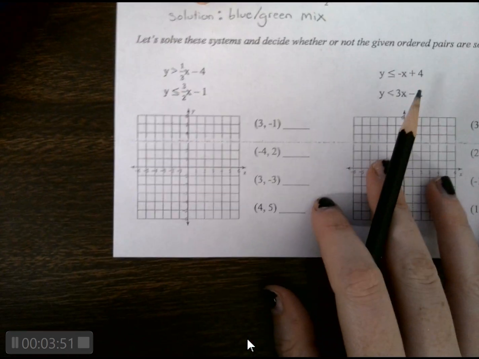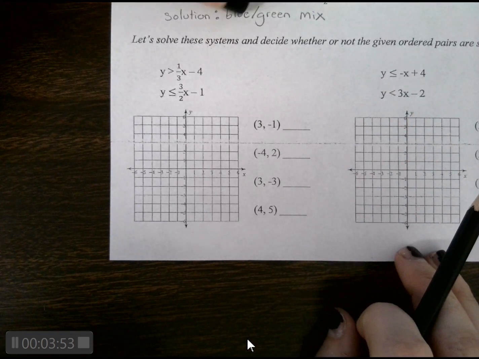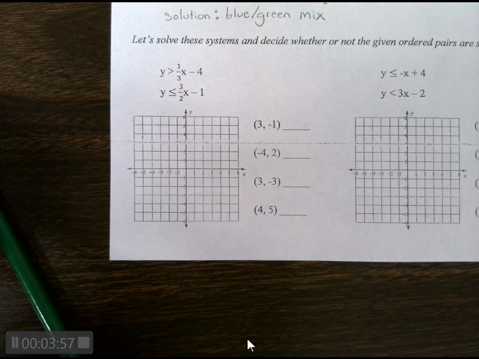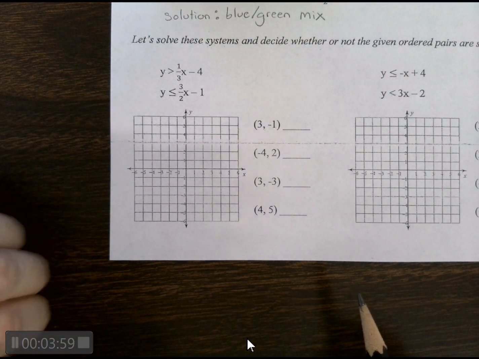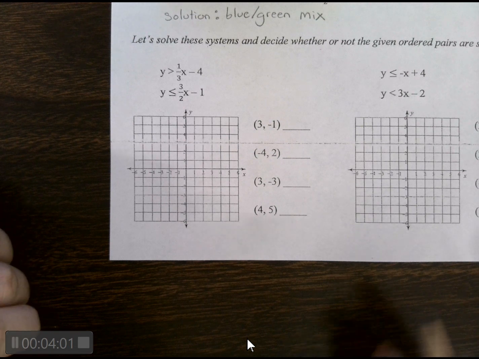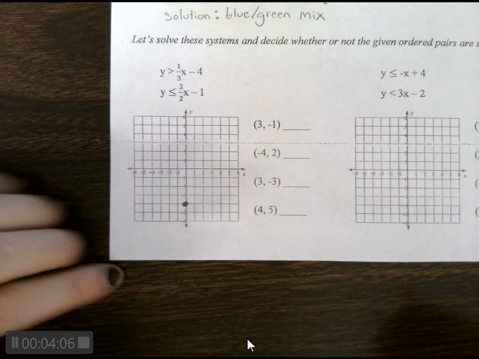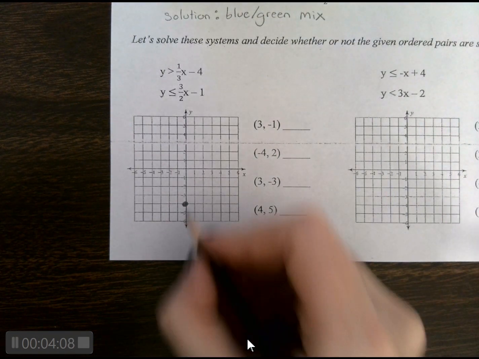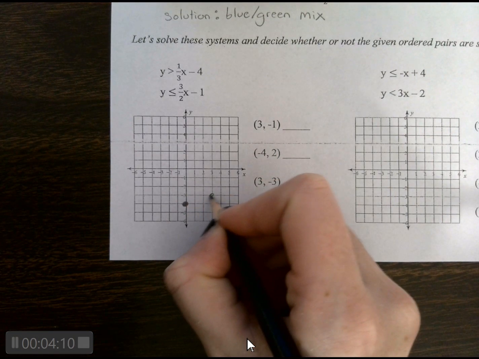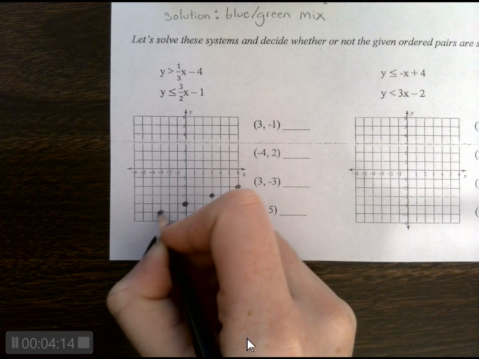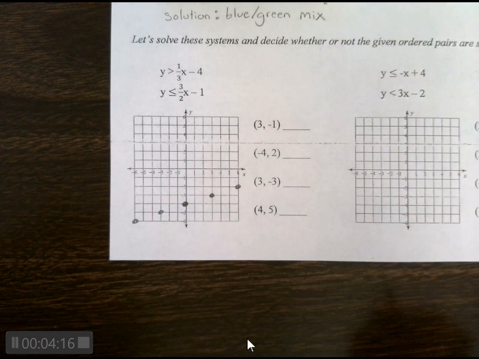So then, let's take a look at our first example. Alrighty. So we have y is greater than 1/3 x minus 4. So we're going to start by graphing our line. We start at negative 4, and then we go up 1 to the right 3, up 1 to the right 3, down 1 to the left 3, down 1 to the left 3.